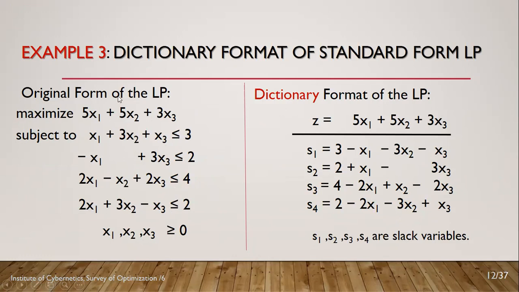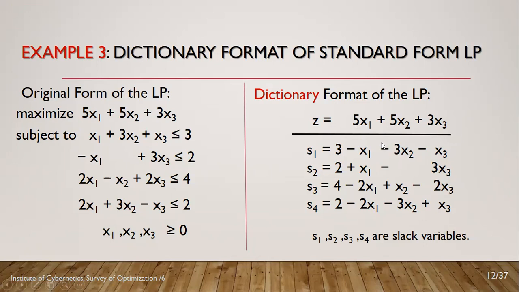So therefore, we convert it into the dictionary form, which in some part resembles a system of linear equations. So here, the objective function, first of all, receives a name, Z. That is important, and it appears above this line.